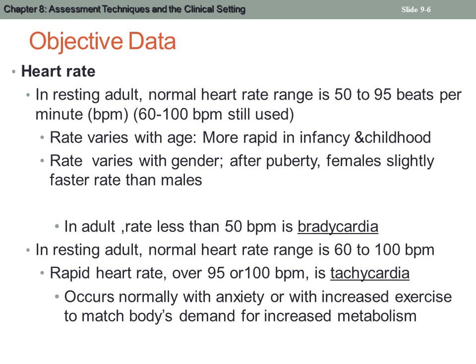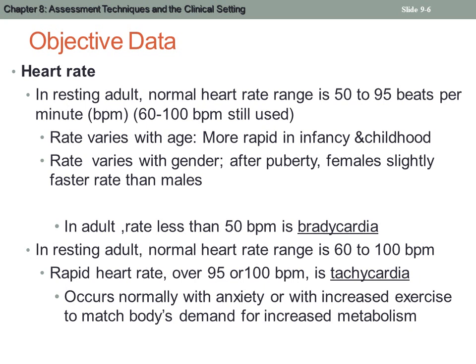Now, when we count for a full minute, what are we getting? So let's take a look at the rate. I remember when we were in nursing school, we know that normal rate is 60 to 100. That's what most of us still use even these days. But research came out, and the findings are that the normal resting range for adults is actually 50 to 95.